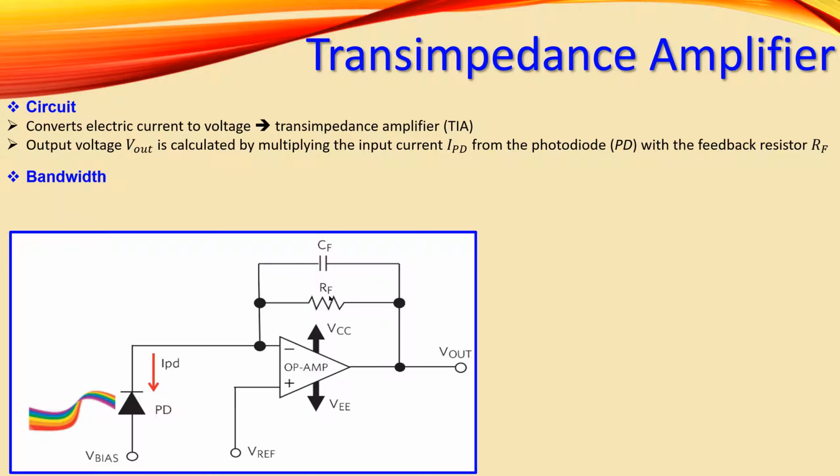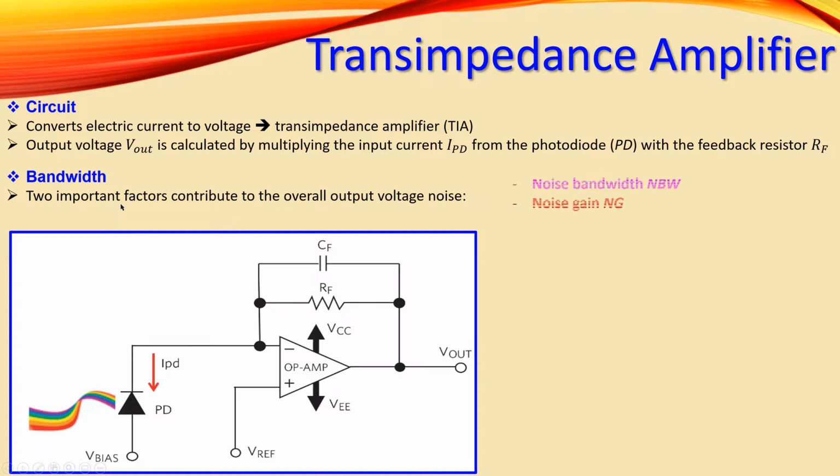Now the bandwidth of the circuit is separated into two important parts, and those are the noise bandwidth and also the noise gain. Those two will determine your bandwidth for this circuit. What you also have is your signal bandwidth, which is the cutoff frequency that is limited by this feedback resistor and also the capacitor in the feedback.